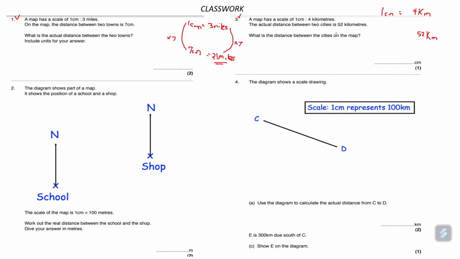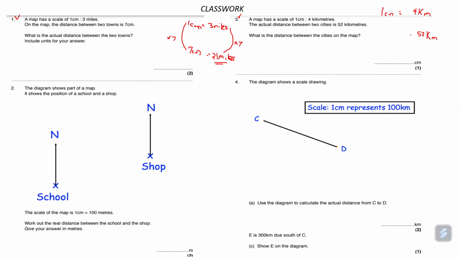Now the question is asking us what is the distance between the cities on the map. In other words, what we've been looking at is we've been given the measurement on the map, and we've been told to find the actual distance in real life situation. Now this question is a reversal. Now we've been given the measurement in a real life situation, and we are told to find the actual measurement on the map, on paper.